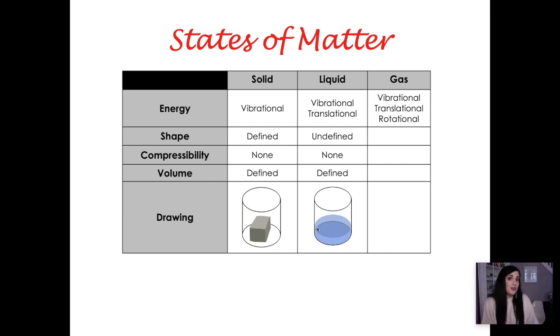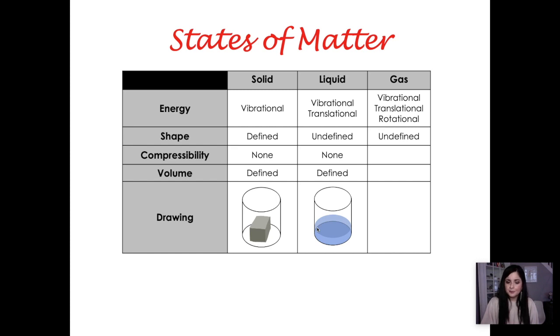That's why the air in the room that you're sitting in is taking up a lot of space, because they have that added rotational motion, and the particles are very, very far apart relative to their size, which is something we'll talk more about when we get into the gas law unit, actually. Gases also have an undefined shape. They can take the shape of whatever container that they're in.